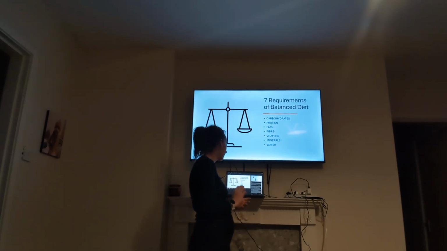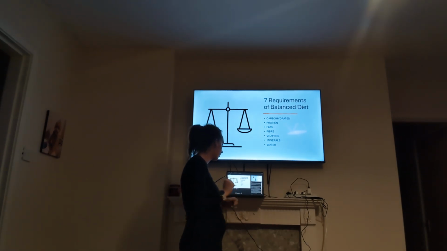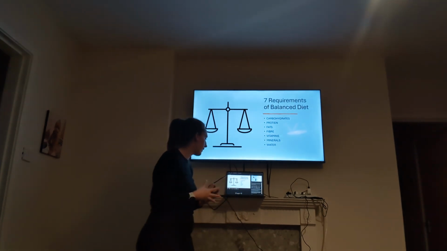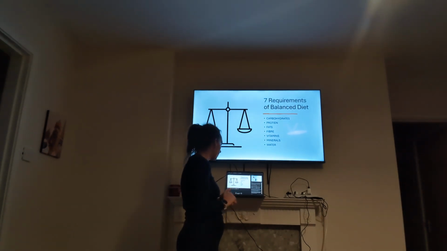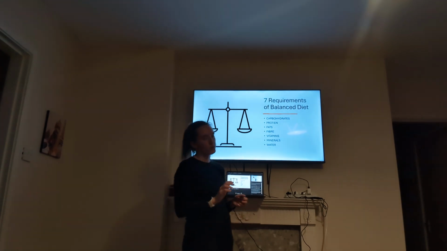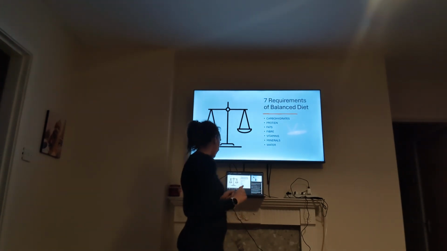The vitamins are categorised into 2 groups: fat soluble and water soluble. Fat soluble stay in the body for longer because they're in fat, like vitamin A, D, and E. Water soluble leave the body faster, like vitamin C, B1, B2, B12, and B7.